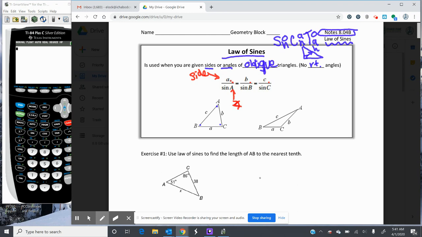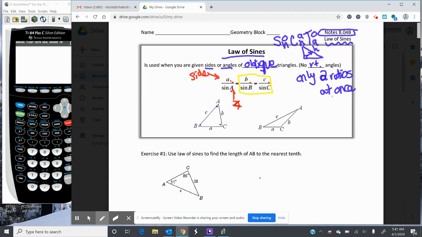So it says side a over sine of angle A equals side b over sine of angle B. And then similarly, side c over sine of angle C. Now, typically, we're only going to be taking two fractions at once. So here, let me just write a note, only two ratios at once.